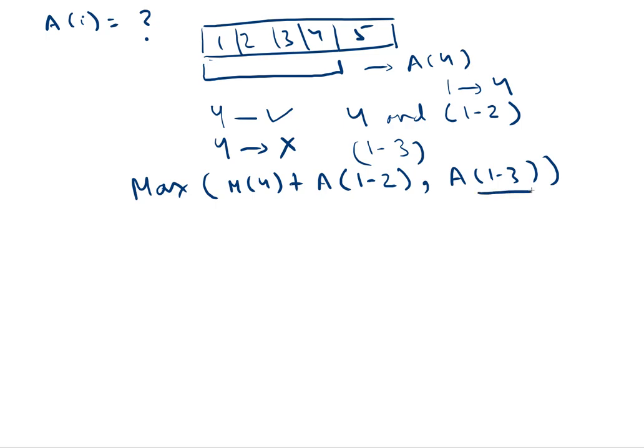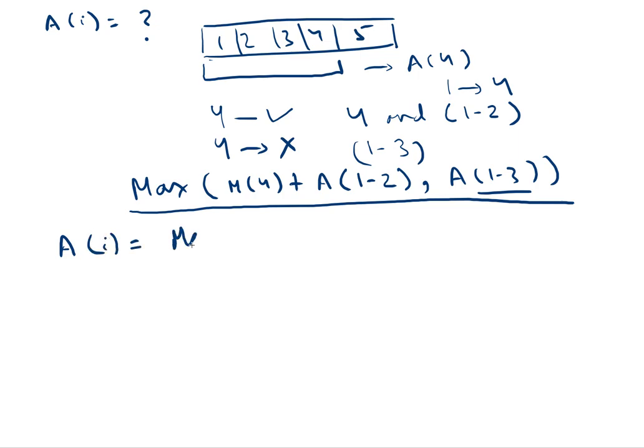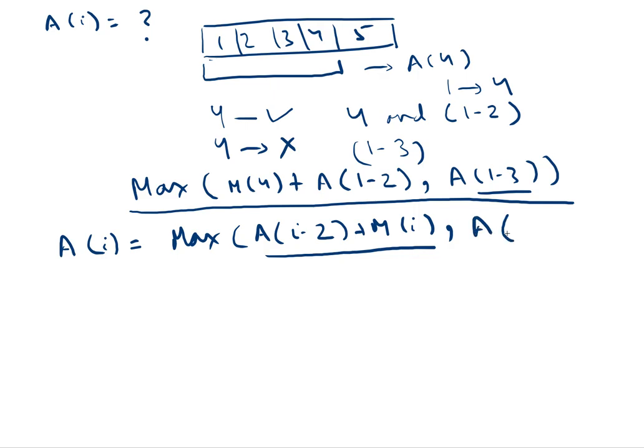So now looking at this example, we can finally formally define our value of the function ai, which is nothing but ai is equal to max of ai minus 2 plus mi, and so this is the first value which has to be compared, and the second value which has to be compared to find the maximum value is ai minus 1.